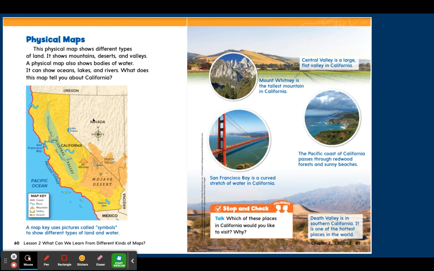Which of the places would you like to visit using this map? And how can a physical map help us when we're looking at it? Okay, so think about that, record your response, and upload it into Schoology.